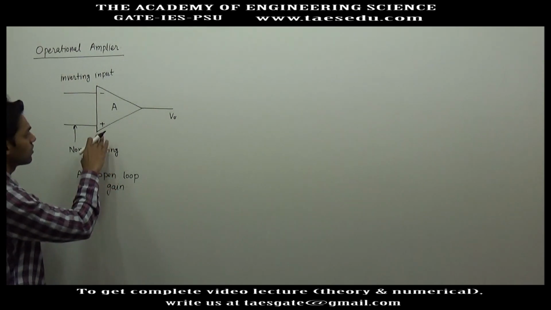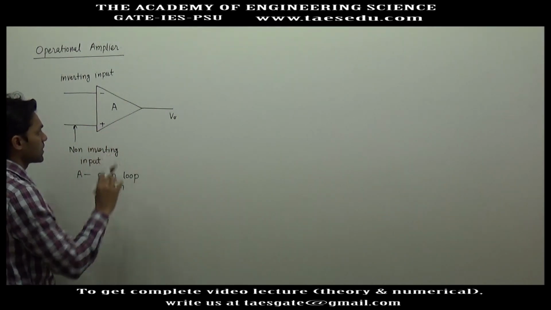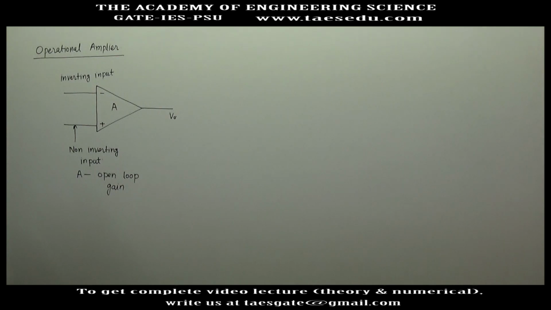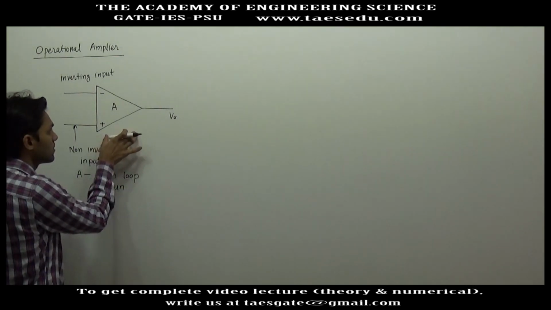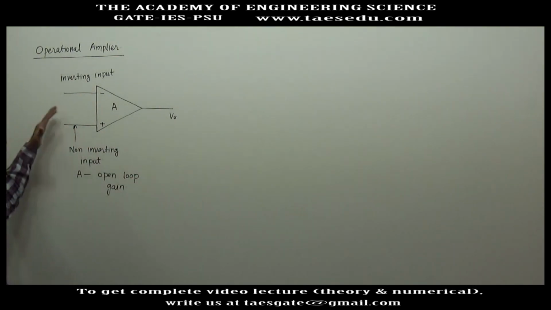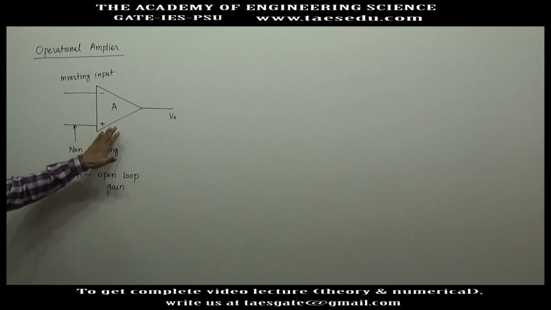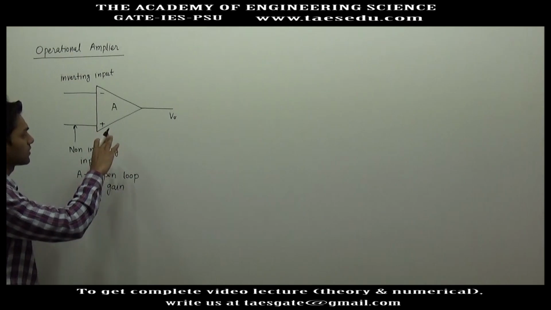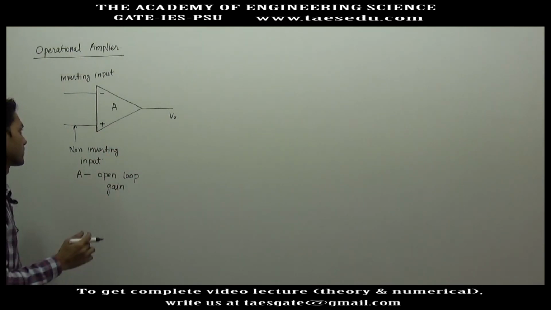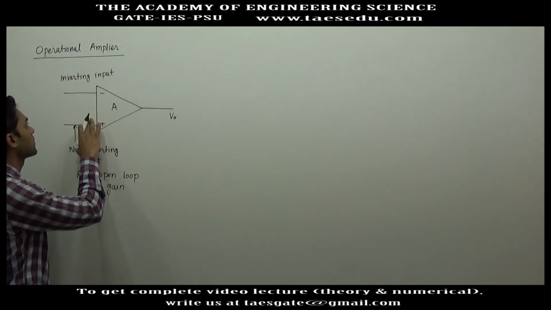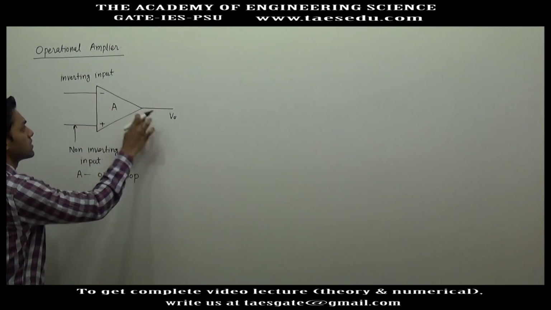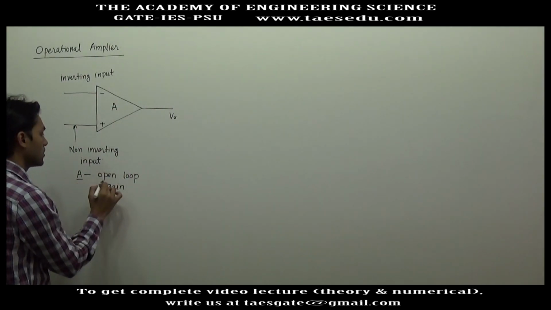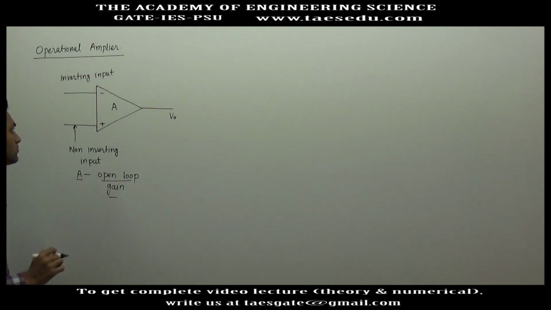Normally when it is acting as a voltage amplifier, it is connected to an external circuit, and there is a feedback in this op amp. If there is feedback, we will have a closed loop gain, and if there is no feedback, with this as input and this as output, A will be the open loop gain.